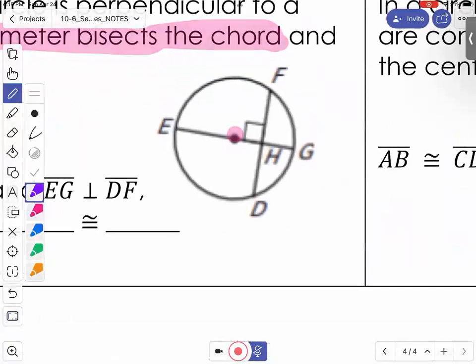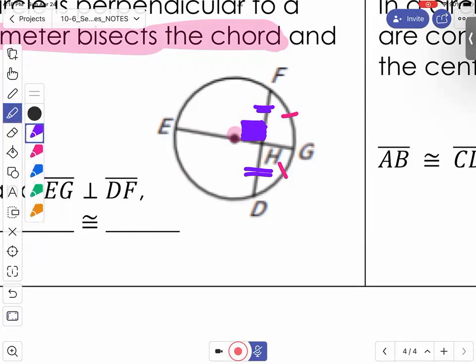If the diameter is perpendicular, at 90 degrees, to that chord, then it cuts that chord into matching pieces, and it would also cut matching arcs. So the chord would have matching pieces, and the arc would have two matching pieces.